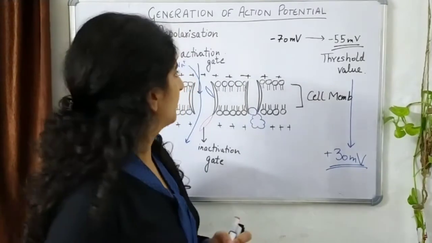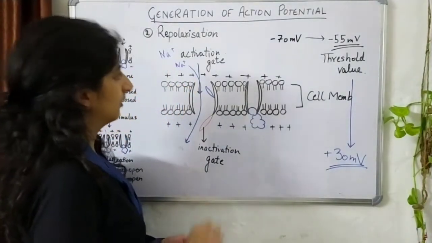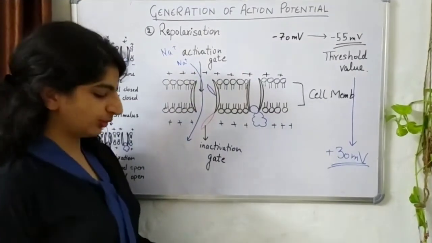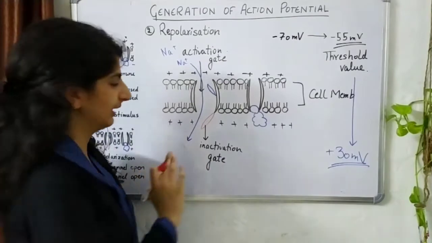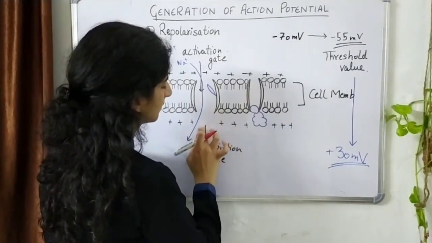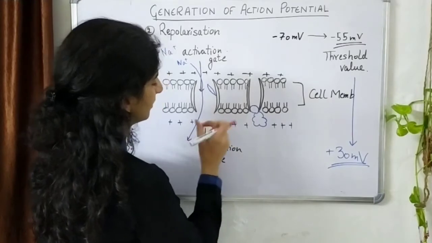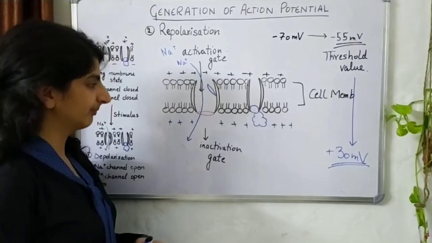Now in the repolarization state, we need to stop this influx of sodium ions. And we have a gate here, the inactivation gate, for doing this. This inactivation gate will now close.